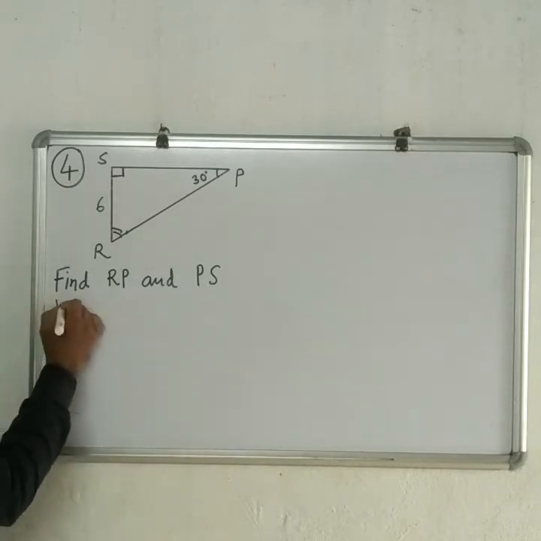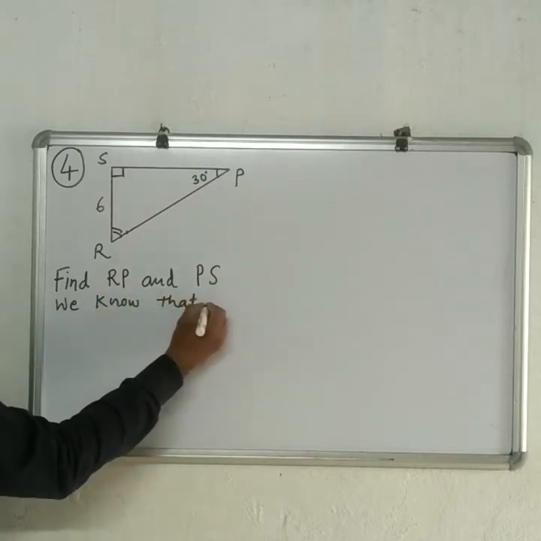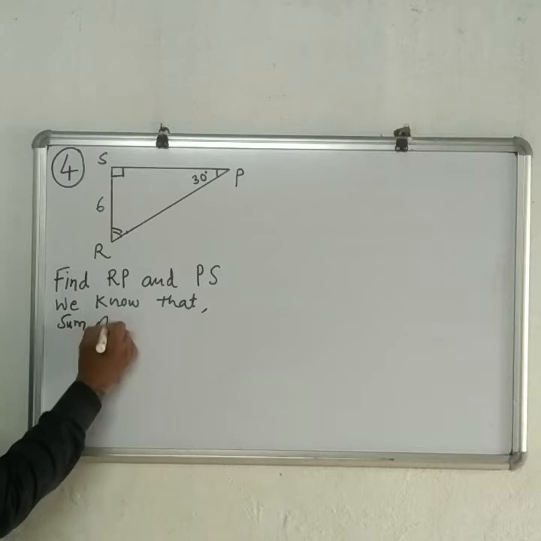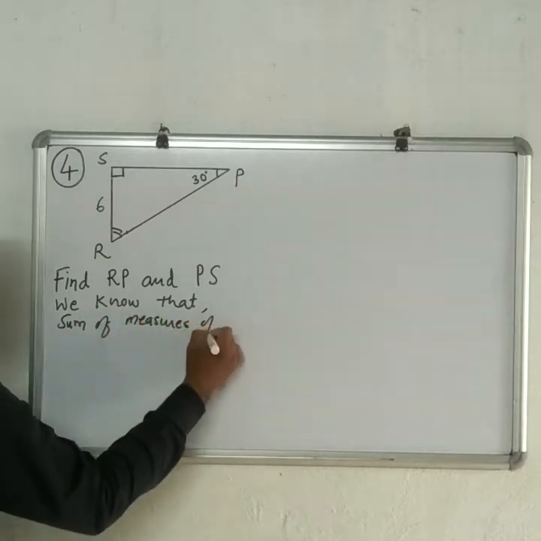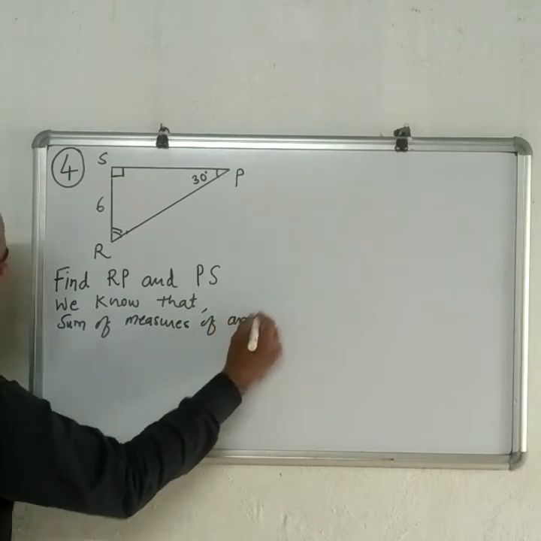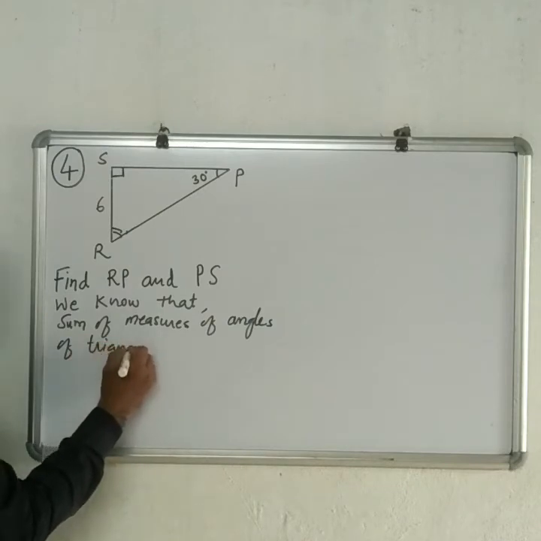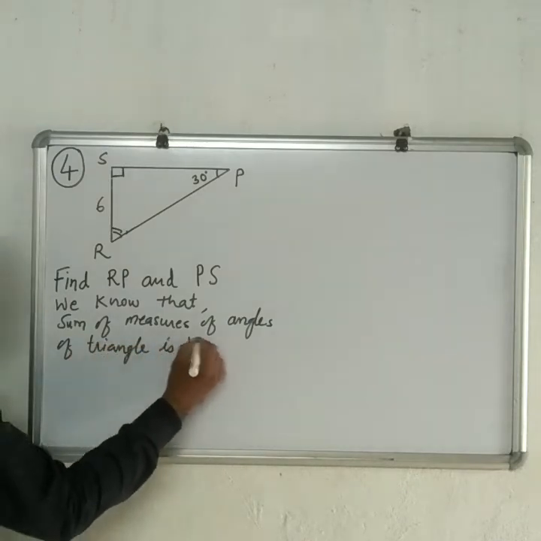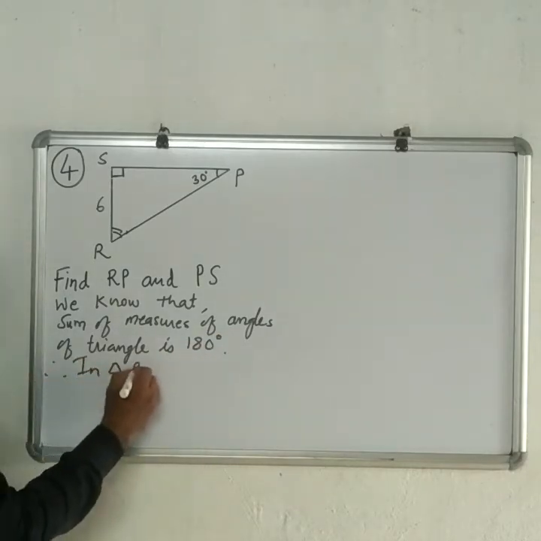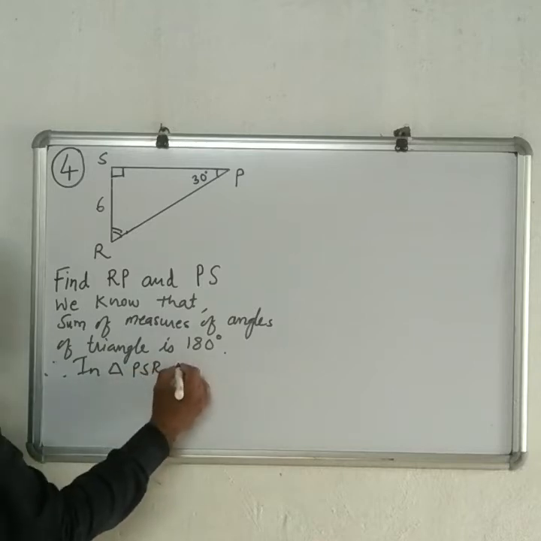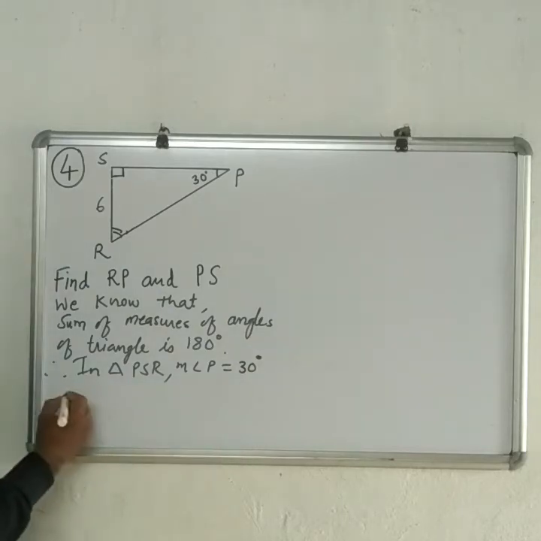Now we know that the sum of the measures of angles of a triangle is 180 degree. Therefore, in triangle PSR, measure of angle P is equal to 30 degree, which is given.